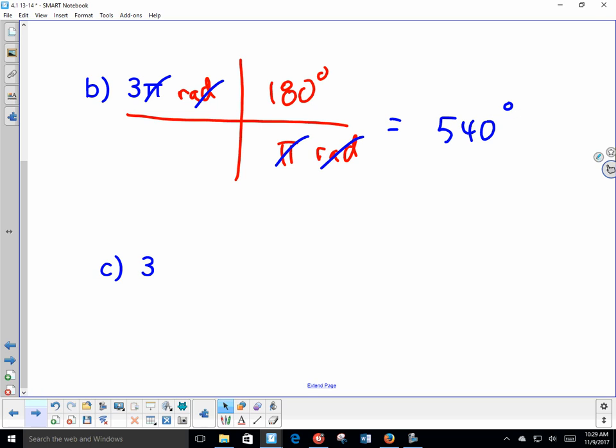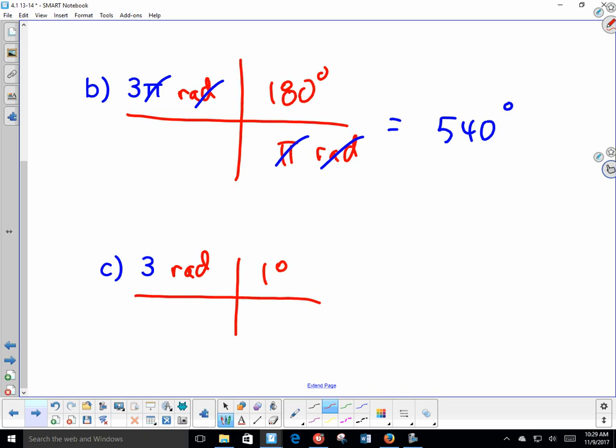What if I want to convert 3? Because if you don't see a degree symbol, it's understood to be radians. So this is 3 radians, and I want to convert that to degrees. I still have to multiply by 180 degrees over pi radians, correct?